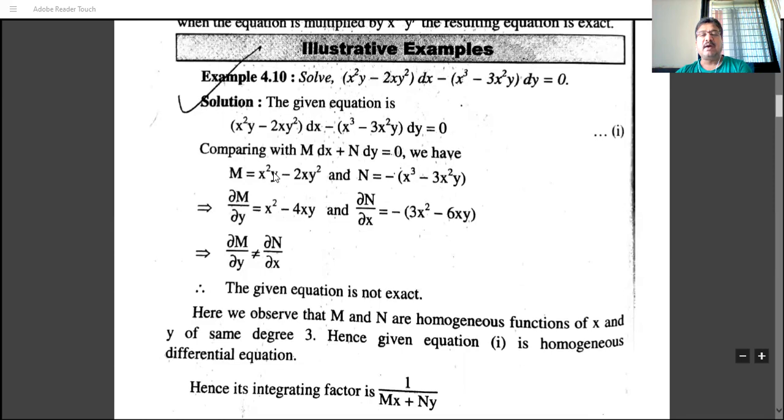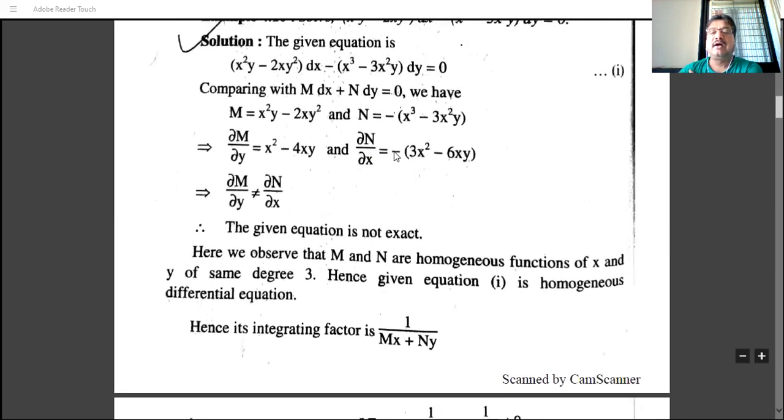So ∂m/∂y means the derivative of m with respect to y, so x is constant, x² is constant, the derivative of y is 1, and −2x is constant, the derivative of y² is 2y. So 2y and −2x become −4xy. Then ∂n/∂x: the first term is −x³. Take the minus sign as it is, the derivative of x³ is 3x², and −3y is constant, the derivative of x² is 2x, so in all it becomes −6xy.